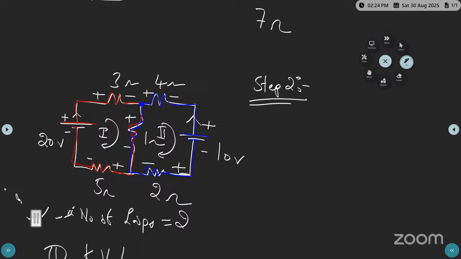It means in increasing order, loop 1 will be assigned, then loop 2, then loop 3, like that. Right, the second step is over.